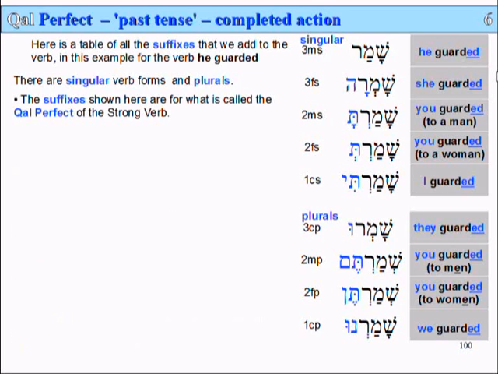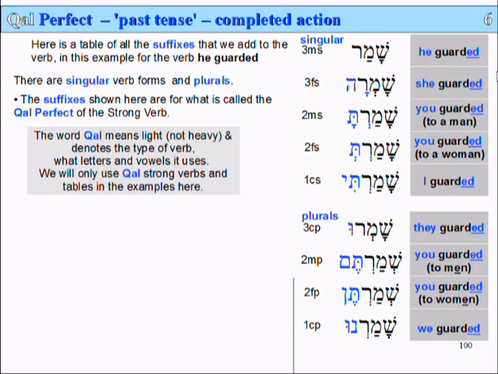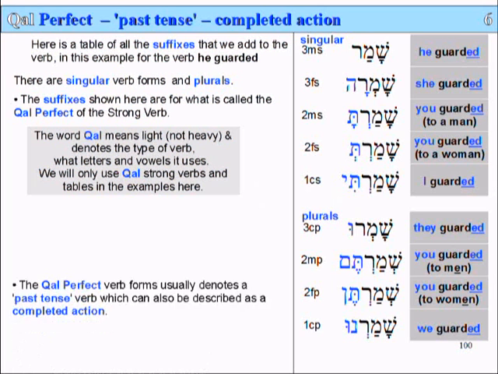The suffixes shown here are from what is called the Qal Perfect, the strong verb. Well, I won't get into that just yet. We'll try to keep to Qal examples as much as possible. And if you want to know what we're talking about here, that's really in lesson 8. In any case, let's continue.